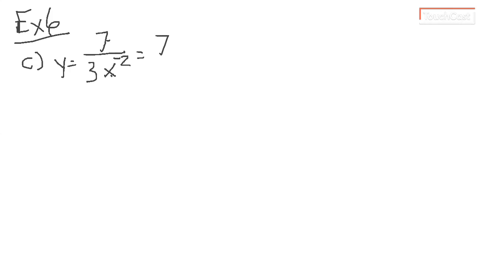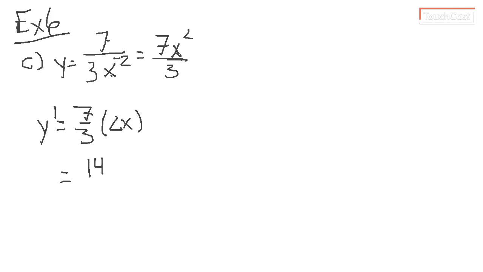So this will be 7x squared over 3. Now we can differentiate it. So y prime is going to be 7/3 times, if we find the derivative of x to the power of 2, we're just going to have 2x. Now we can multiply. 2 times 7 is 14. So we're going to have 14x over 3 for our derivative.